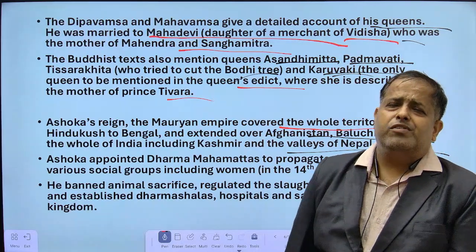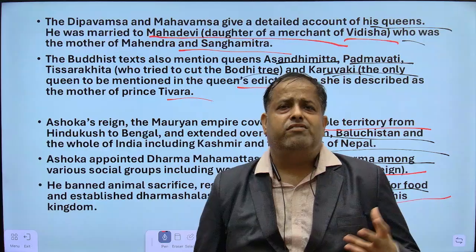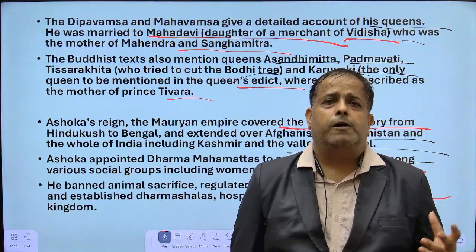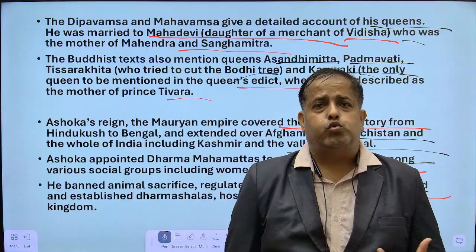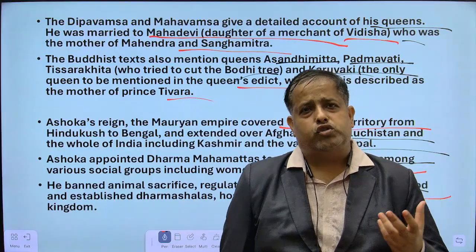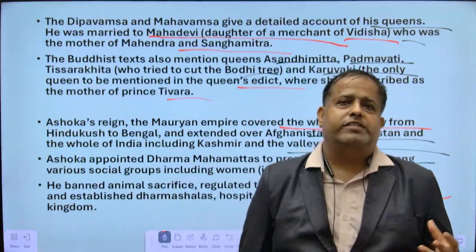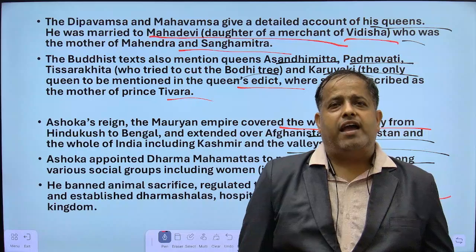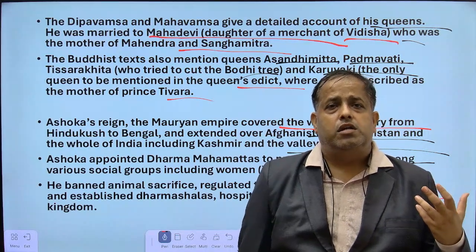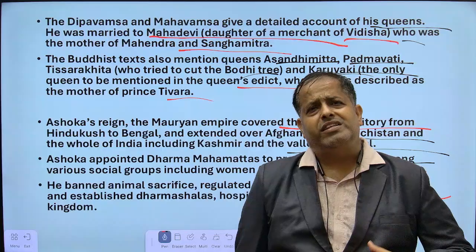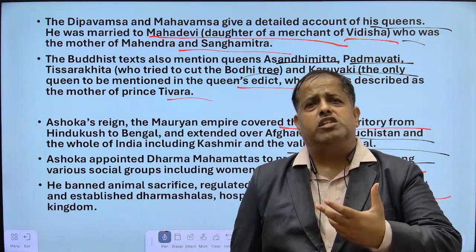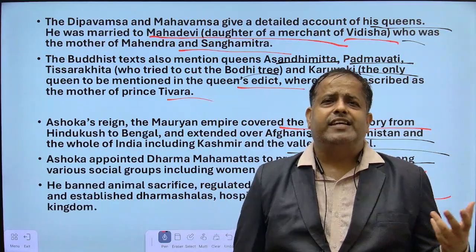So, beta, many times we talk about medieval India and its rulers, like Ghiyasuddin Tughlaq, Firoz Shah Tughlaq, and Sher Shah Suri, that they made sarais, hospitals, and many public welfare works. So, beta, many centuries before them, Ashoka did the same thing.